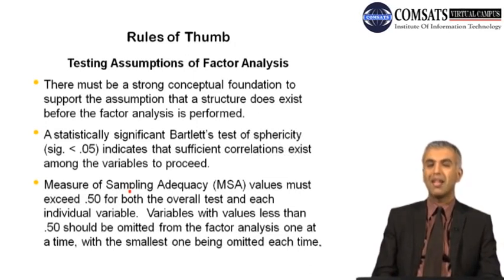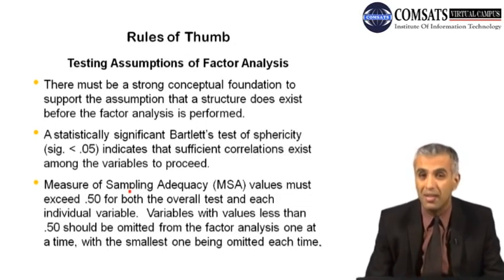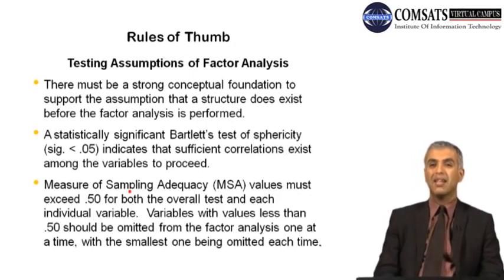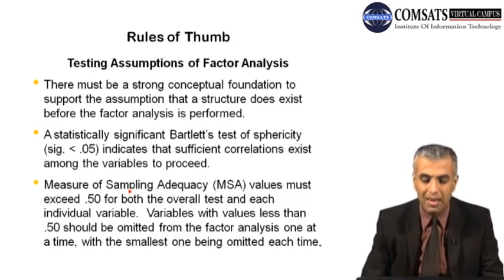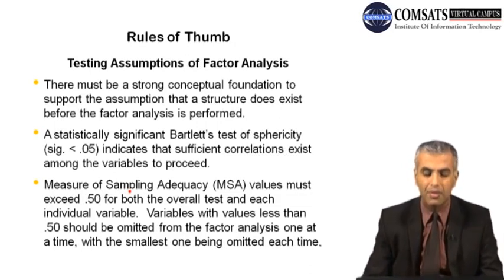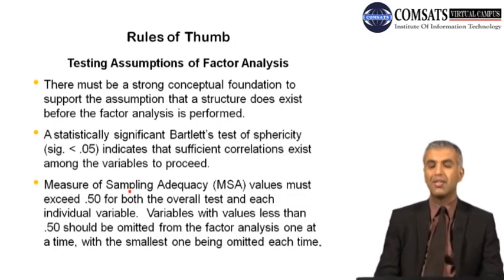But what is the litmus test to know that sufficient correlations do exist within these variables, which would give us a signal to move ahead? There is a certain test for such an assumption, called Bartlett's test of sphericity, and its significance should be less than 0.05.